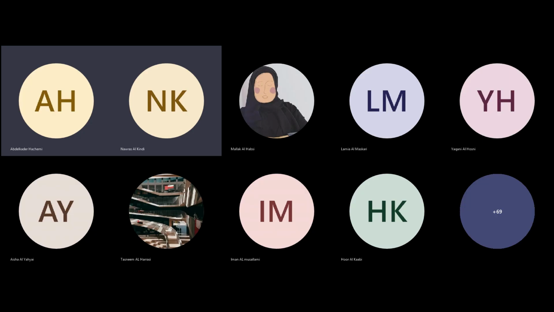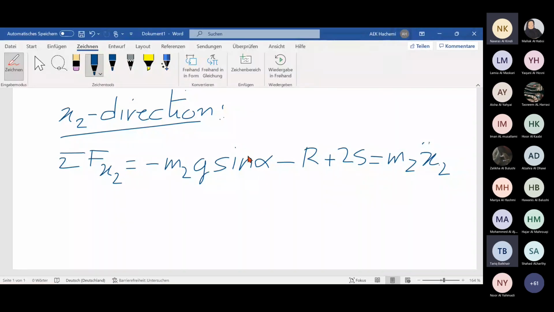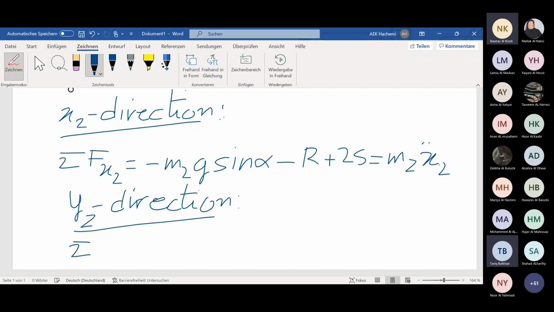Then if we do now the y2 direction, what we have, you look to the picture, it means that we have the sum of the forces along the y2 direction here.